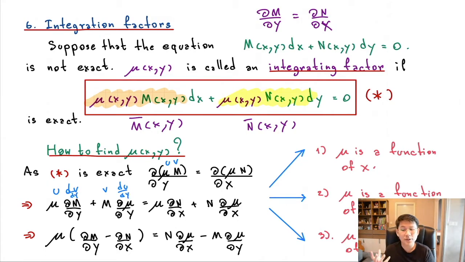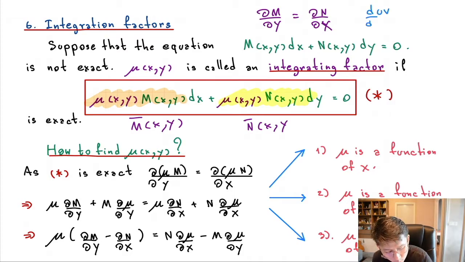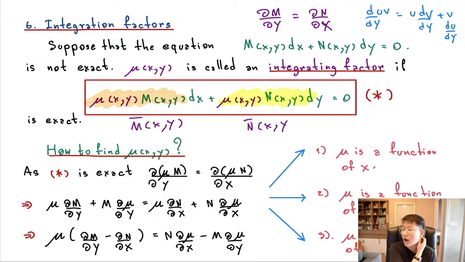I just write it here, just in case some of you don't remember. D of uv by dy in this case is u dv by dy plus v du by dy.